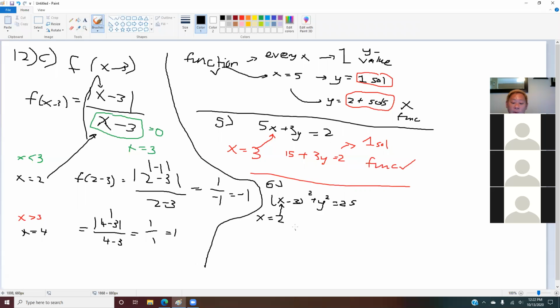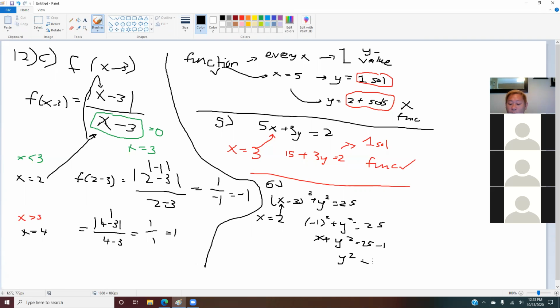So in this case, you will get 2 minus 3 is negative 1, squared, plus y squared equals 25. So this is 1 plus y squared equals 25, because negative 1 times negative 1 is positive 1. And then we move the 1 over, we subtract 1 here, so we're solving for y.